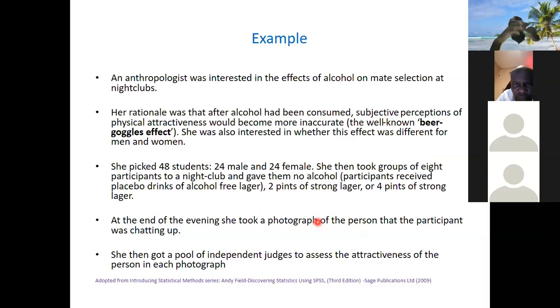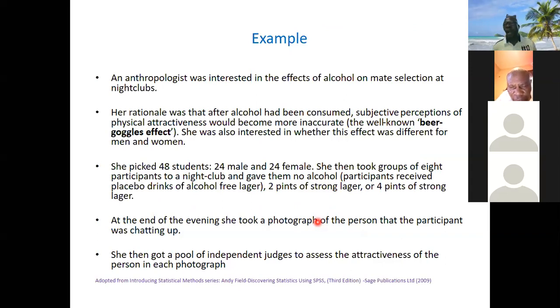An example is given here for us to be able to understand. If you look at the way it is calculated, I think we'll be able to conceptualize the way it works. Somebody was trying to study how people choose mates at a party, that is, how a man chooses a lady or how a lady chooses a man.